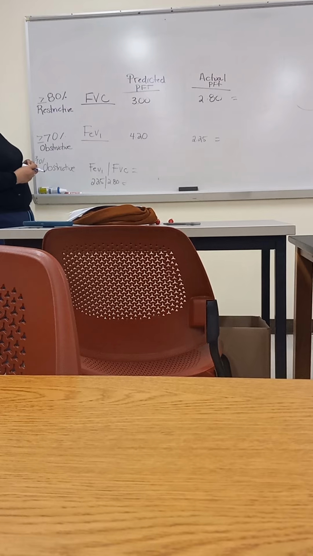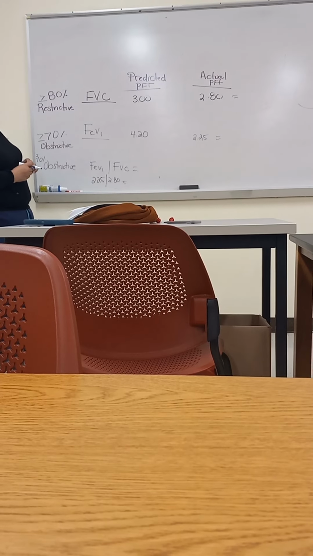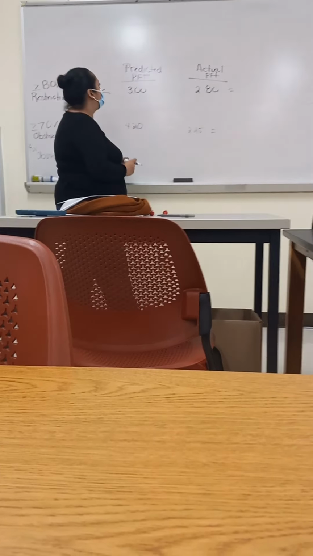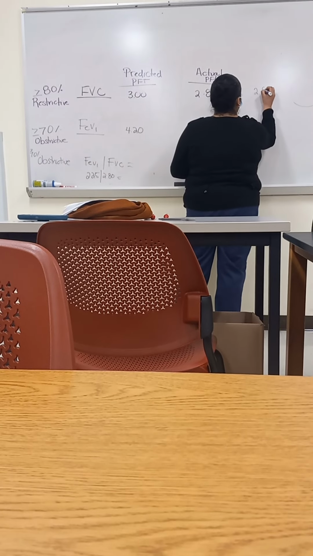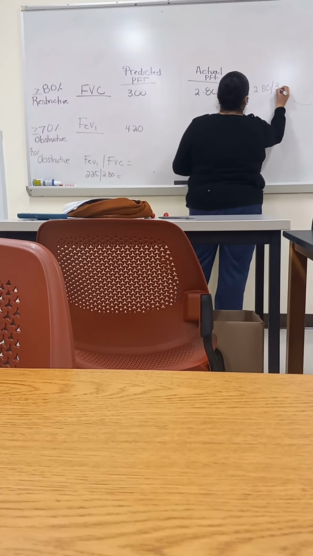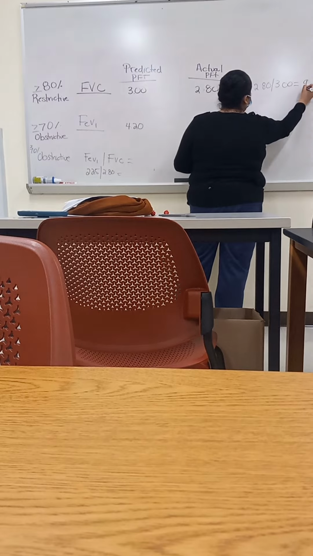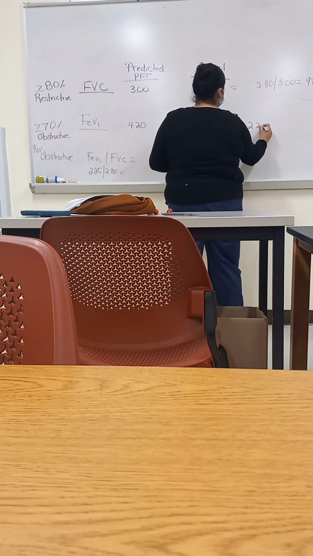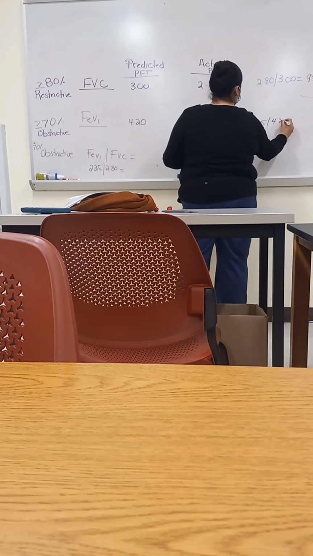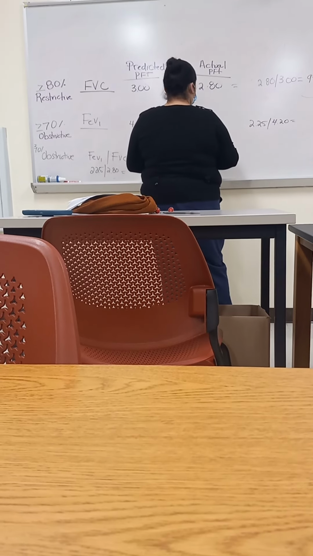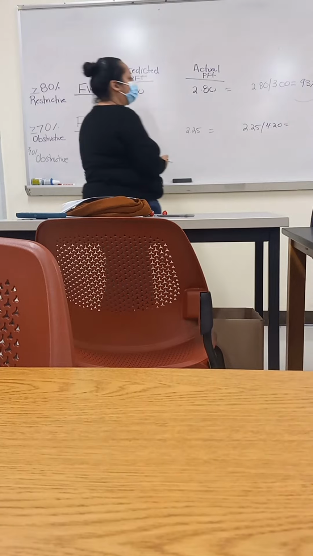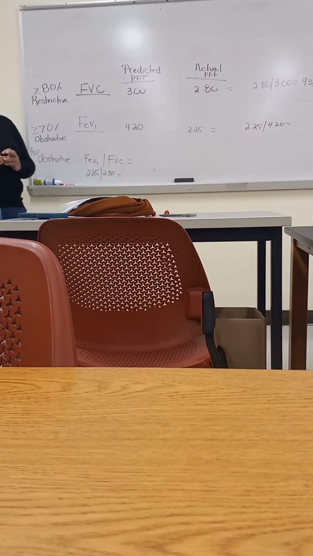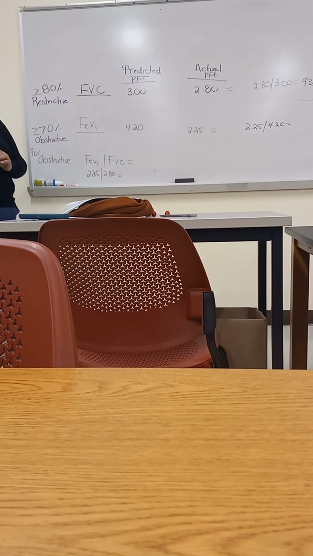Okay, so what's my forced vital capacity? You guys know? 93%. You have to divide it. 93%? Yeah. Okay. And what's my FEV1? Now, you see this syringe, this is the Nancy one. 53.